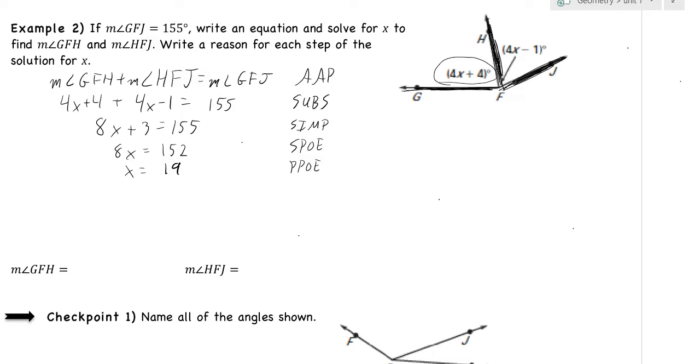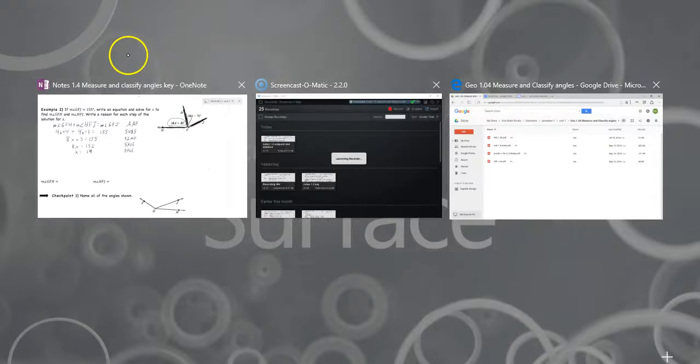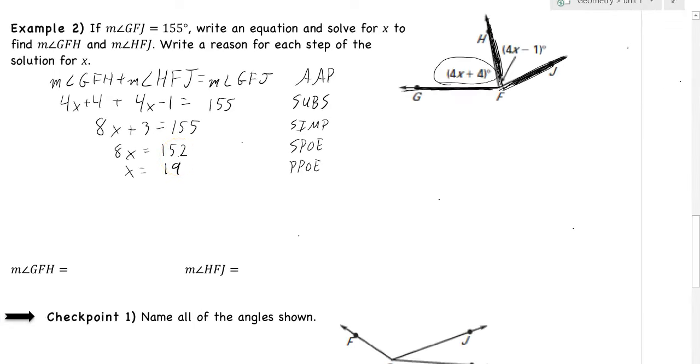They also want us to find the measure of the two angles, GFH and JFH. The measure of angle GFH.